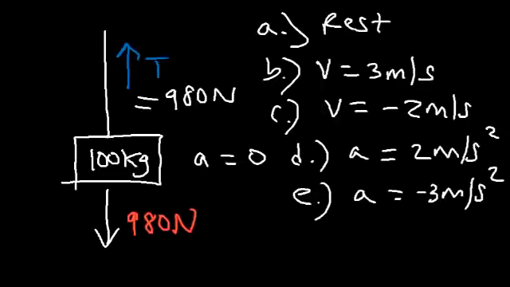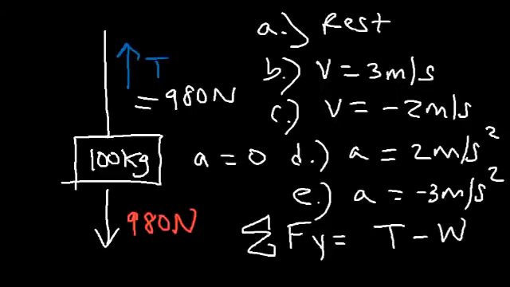So let's find an equation that can help us to calculate the tension force under each of these circumstances. The first thing we need to do is write an equation that represents the sum of all forces in the y direction. So it's going to be the tension force minus the weight force, because the tension force is directed in the upward direction, so it's positive, and the weight force is directed in the downward direction, so it's negative.